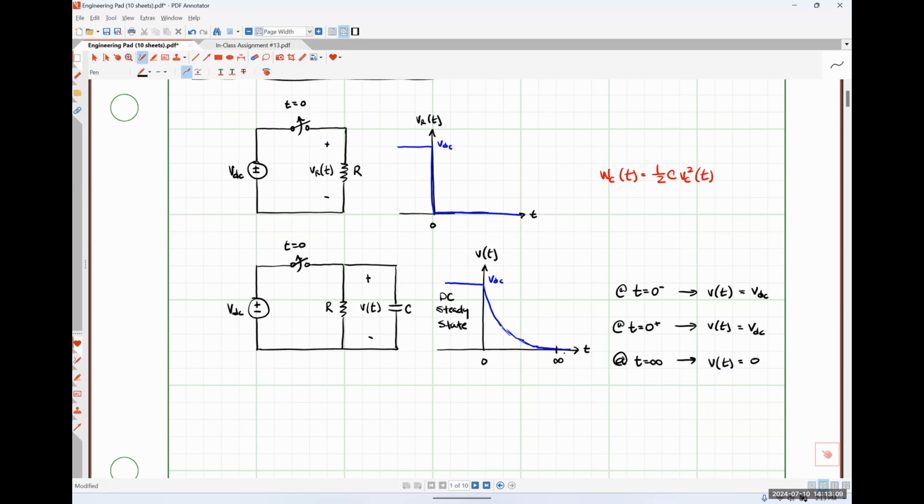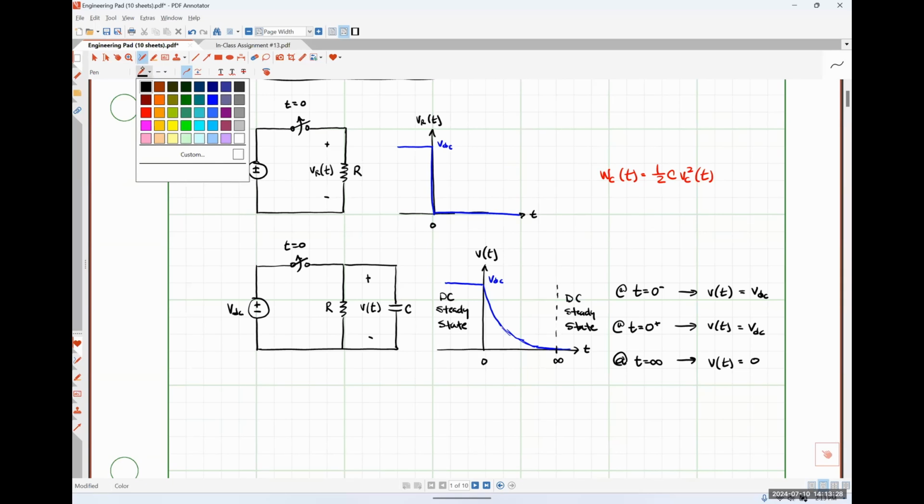Once our voltage is back down to 0, and it's going to effectively stay at 0, we are at a DC steady state condition yet again. The time in between these DC steady state conditions is what's known as a transient condition. That's what we're trying to mathematically model today. Transient simply means that our circuit or system is undergoing a change.